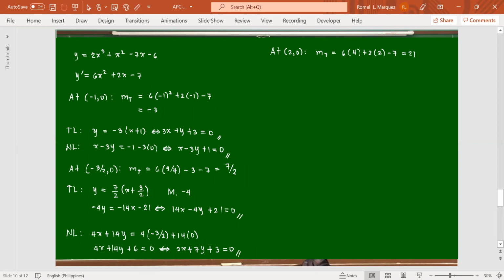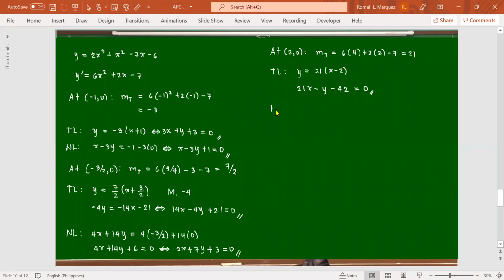Okay? So, tangent line: y minus 0 equals 21 times x minus 2. So getting 21x minus y minus 42 is equal to 0.